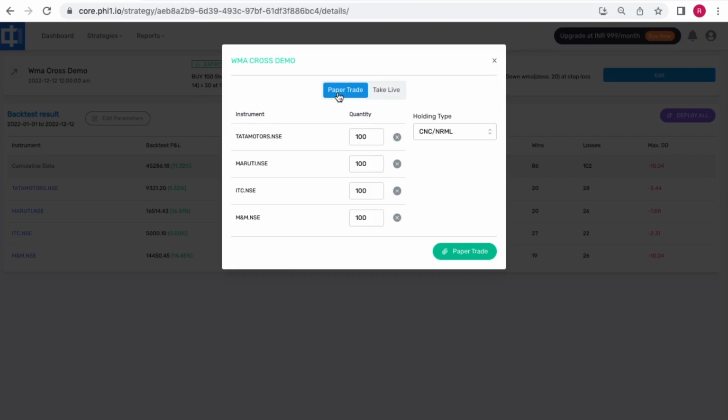So it's always recommended that you use the paper trading feature. Once you're satisfied with the paper trade results, click Take Live, select a broker and click Take Live. Once you click Take Live, your strategies are going to get executed automatically when your entry and exit conditions are met. You don't have to stay glued to your screen.